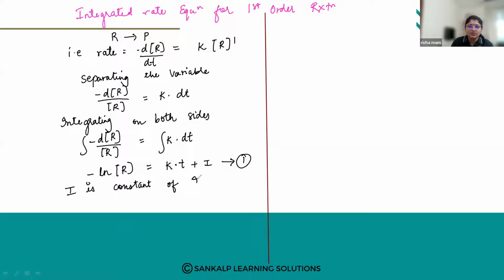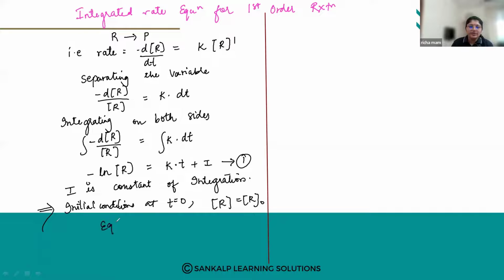Now we are going to put in the initial conditions, because to find the value of I, we have to put the initial conditions, that is, at t equal to 0, r will be equal to r naught.